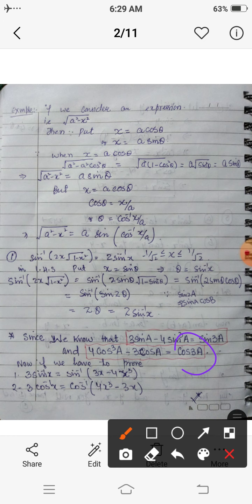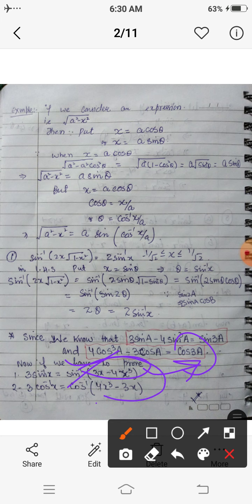Now we have to prove that 3 times sine inverse x is sine inverse of 3x minus 4x cube. If we put x equals sine theta in this angle, 3x minus 4x cube, it becomes thrice sine theta minus 4 sine cube theta, which is simply sine 3 theta.